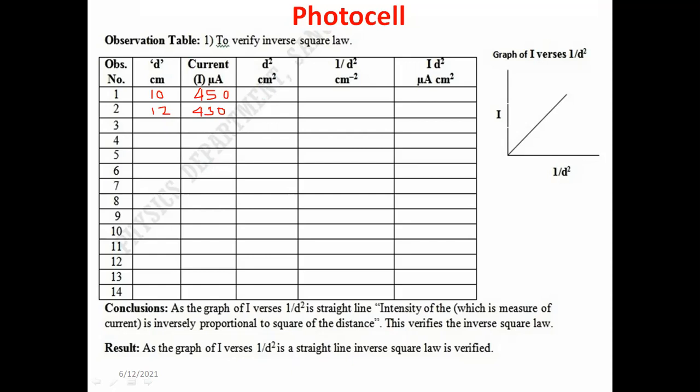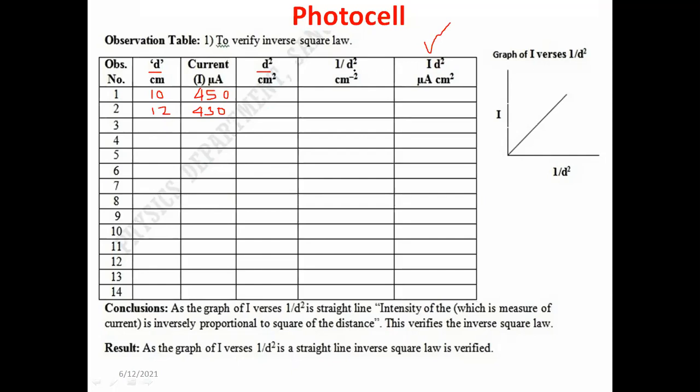Then this is d, then the square of d, that is d square, then the inverse of the values obtained in this column, then I into d square. Whenever needed, you can take the multiplication of I and d square if required in the examination.